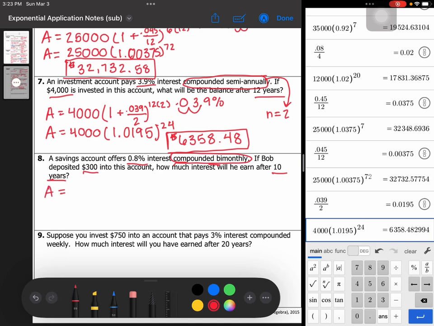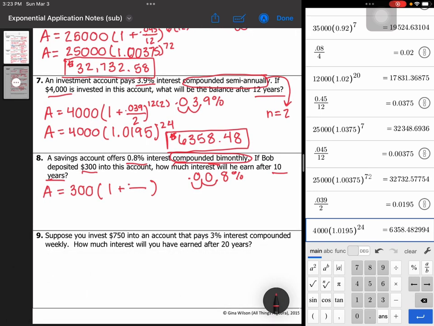So we know that our initial amount is $300. The rate, 0.8%, we're going to move our decimal over twice. It's actually going to be a really small number, 0.008.